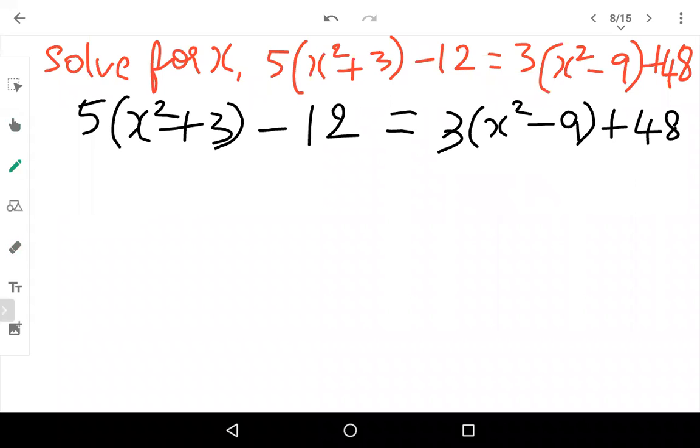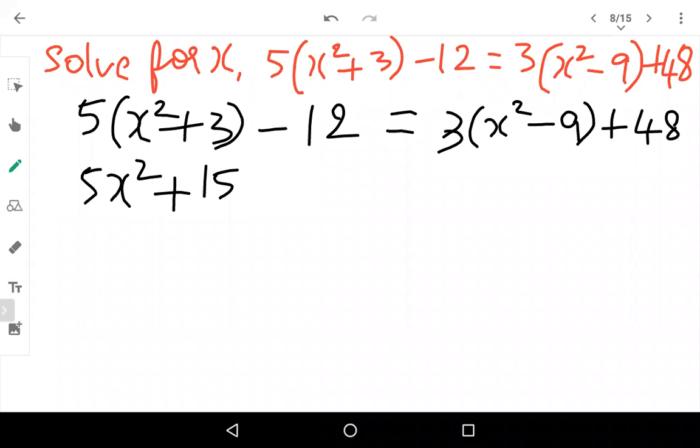Firstly, we have 5 and then x square plus 3, so we have to multiply. 5 into x square is 5x square. 5 into 3 is 15, so plus 15. So 5 was multiplied with the expression x square plus 3, and I got 5x square plus 15.